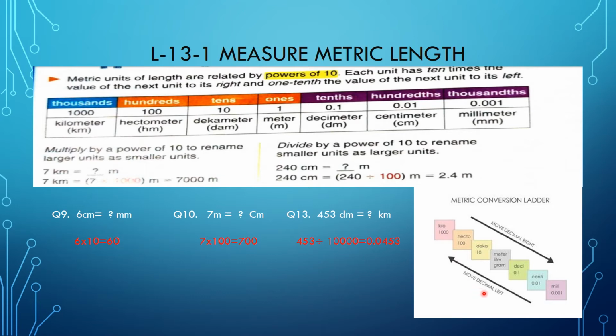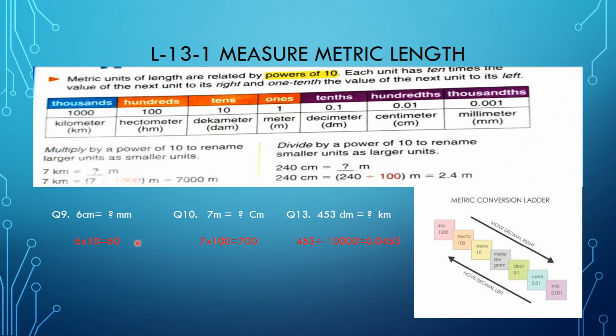In this table, if you are moving down, then you shift your decimal to the right. If you are going up on this ladder, you shift the decimal to the left.